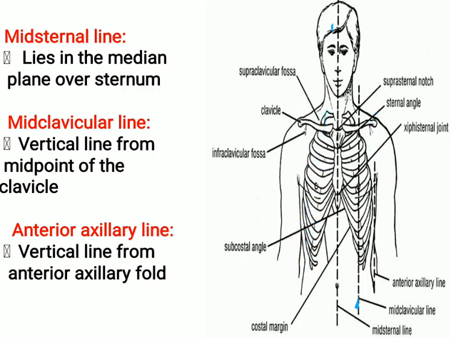So we also have the anterior axillary line. It runs vertically downwards from the anterior axillary fold. In contrast, we also have the posterior axillary line, which runs vertically downwards from the posterior axillary fold.